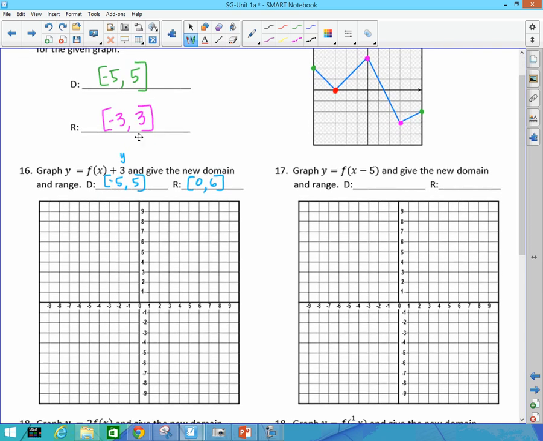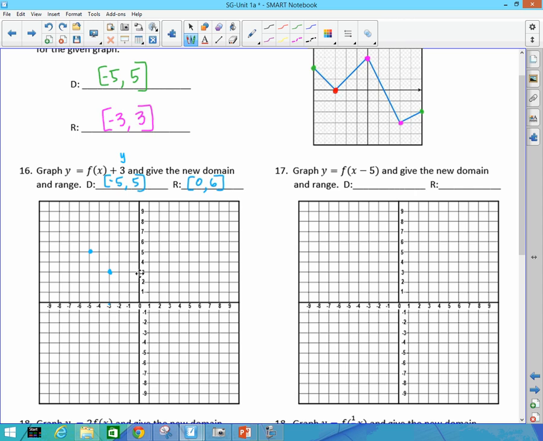Now, to add 3, take each of those key points and add 3 to them. So this is -5, -2, go up 3. 1, 2, 3. That's -3, 0. So -3, 0, go up 3 units. This is 0, 3.